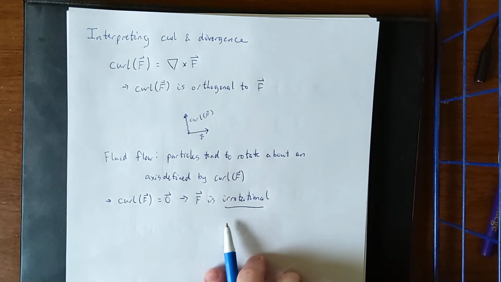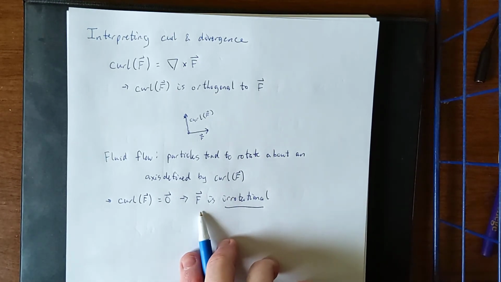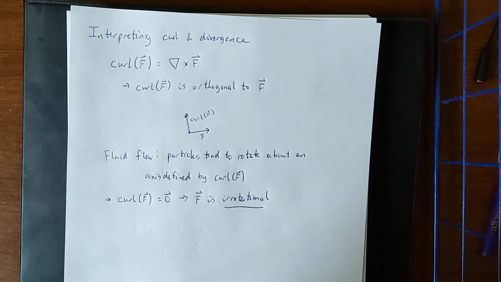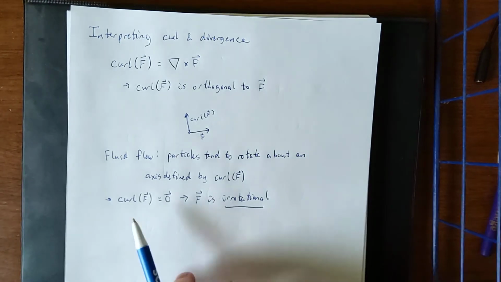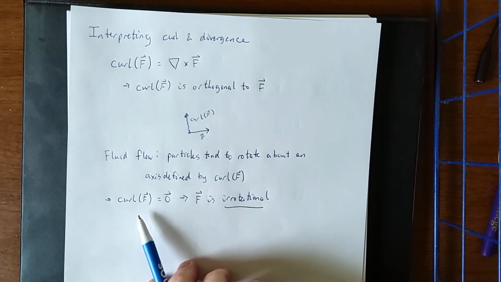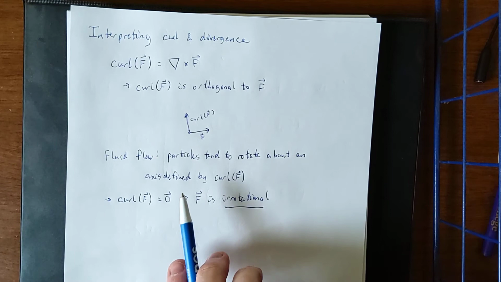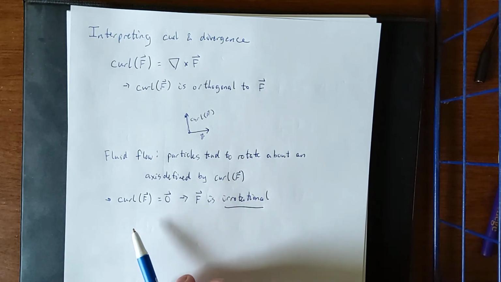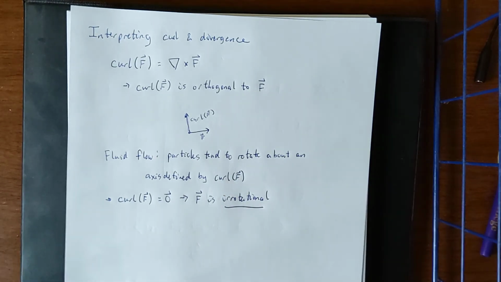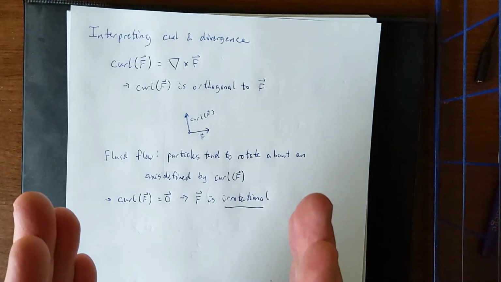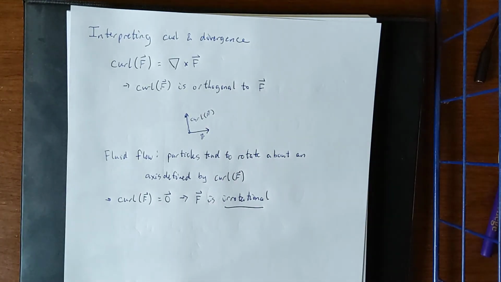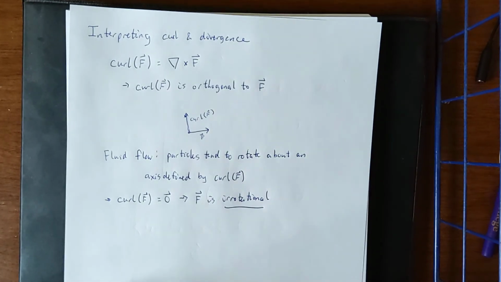Now, one could tell, for example, that if we had a constant vector field, which is pointing everything in the same direction, the curl would definitely be equal to 0 because all of these partial derivatives would be derivatives of constants and therefore be equal to 0 themselves. Things that are moving in a straight line tend not to rotate at all, therefore the term irrotational.